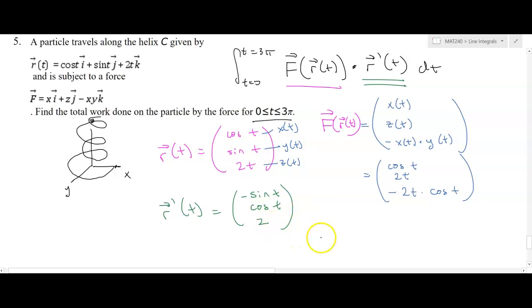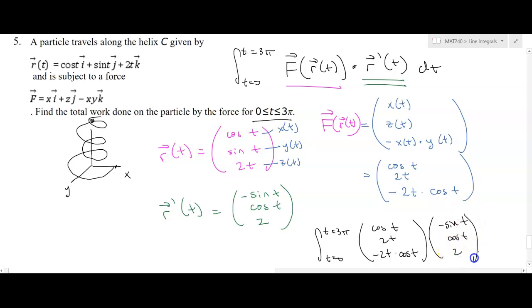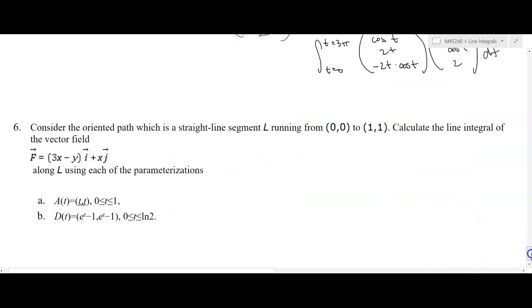So this is going to be my integral from t equals 0 to t equals 3 pi of the dot product between this mess, cosine t, 2t, negative 2t times cosine t, dotted with the derivative of my position, or my velocity vector, and that is taken dt.